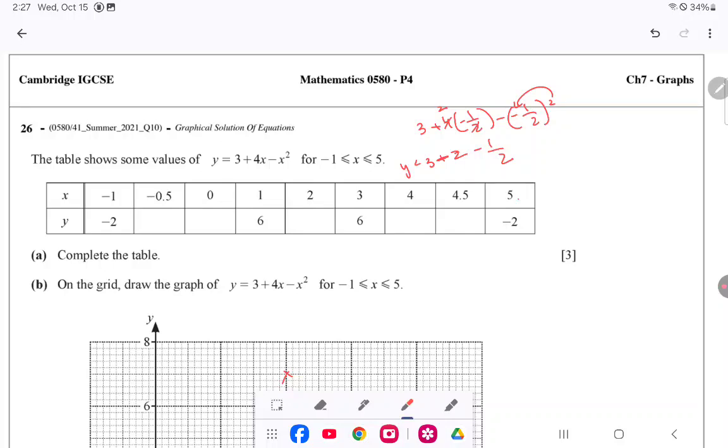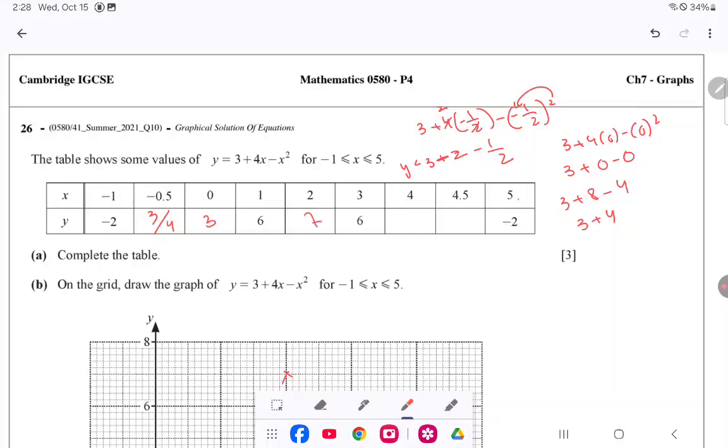By solving the equation, the first value gives 3 over 4. For 0, when you put 0, 3 plus 4 into 0 minus 0 square, 3 plus 0 minus 0, it will give you 3. When you put 2, 3 plus 4 into 2 is 8, and 2 square is 4, it will give you 7.